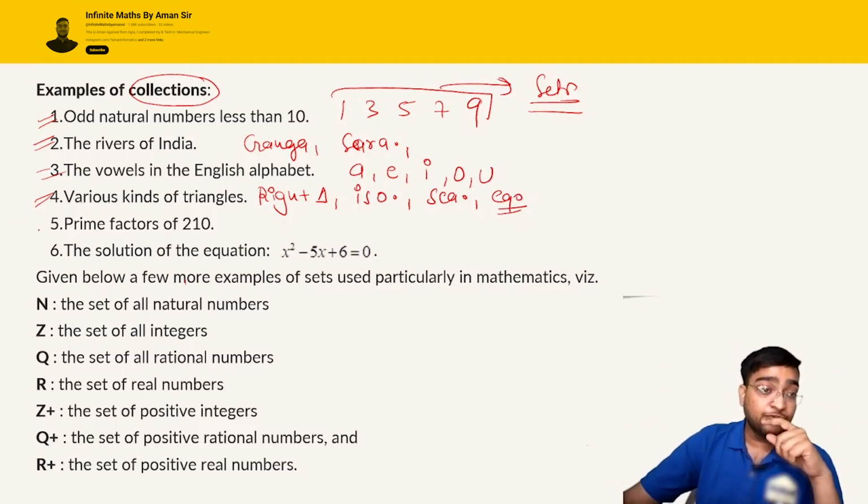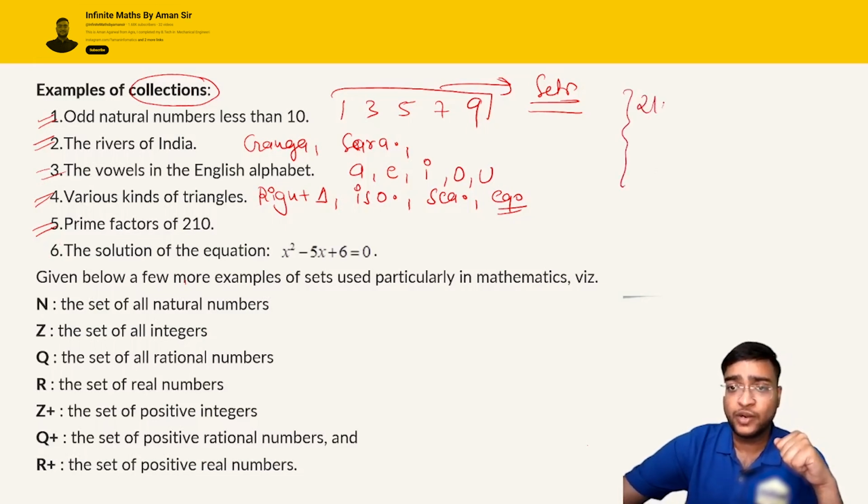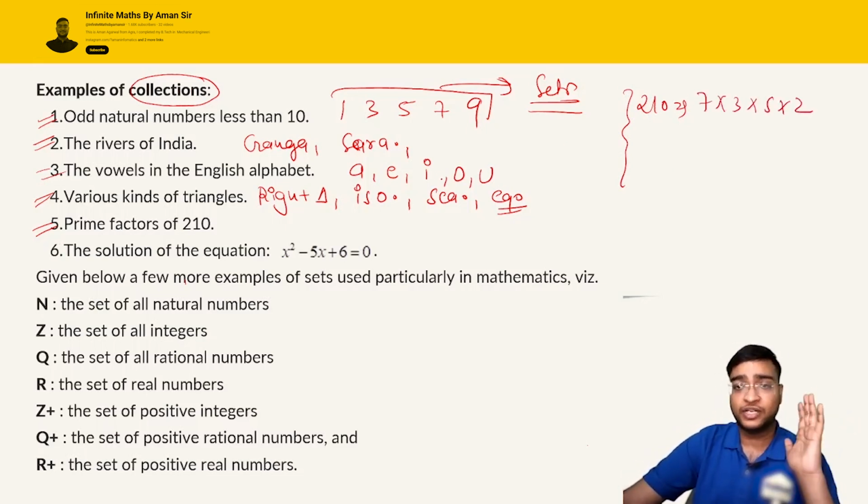The fifth point is the prime factors of 210. We can factorize 210 as 7 into 3 into 5 into 2. These are the factors of 210, and you can easily find them with the LCM method.